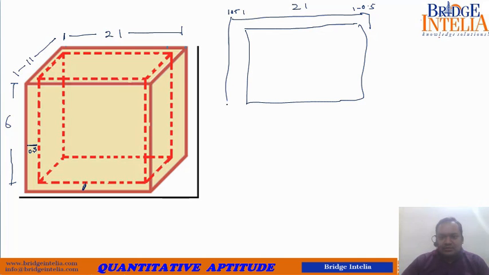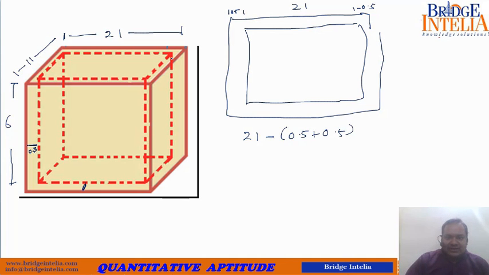So the inner length will be 21 minus 0.5 minus 0.5. From two sides 0.5 and 0.5 have to be deducted, so out of 21, one has to be deducted.